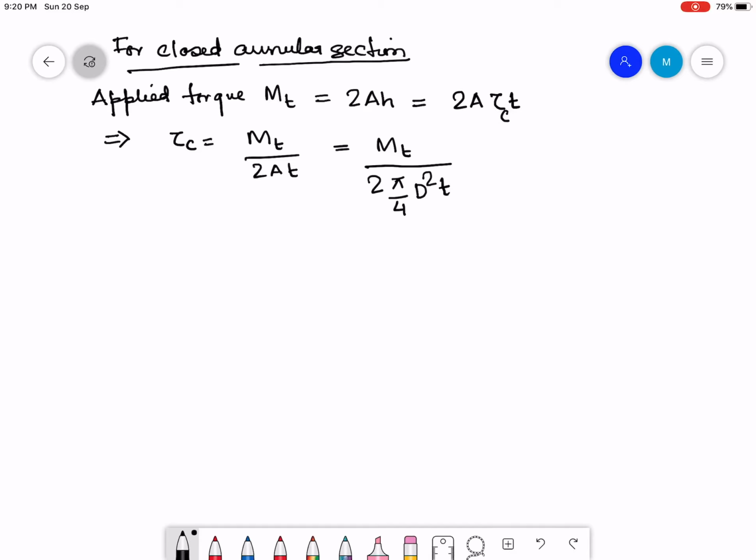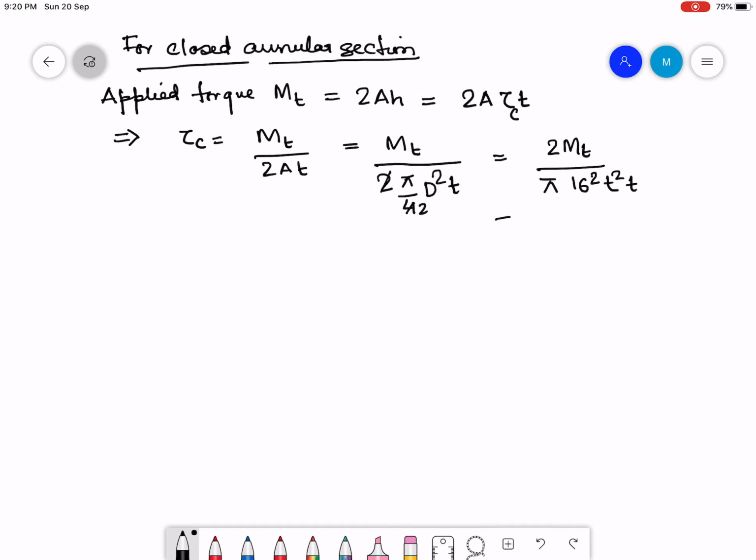Let me just simplify this. So this cancels out, so I have 2mt by pi, d square is 16 square into t square, into t. So that is going to be 2mt by 256 pi t cube. Okay, so in a simplified form this is mt by 128 pi t cube.